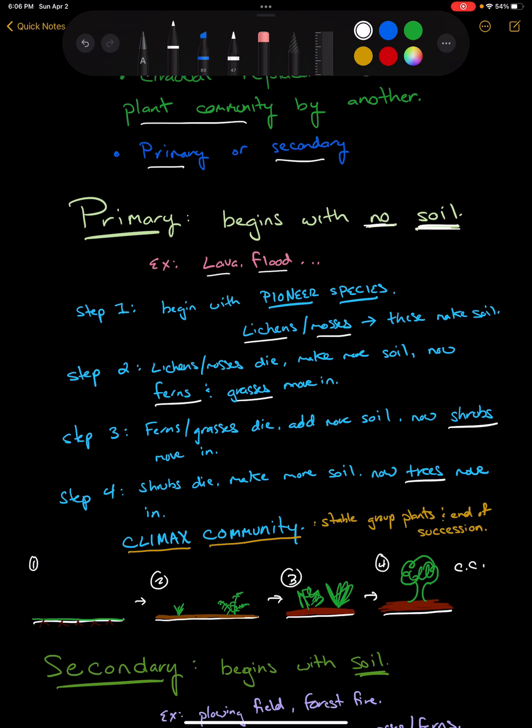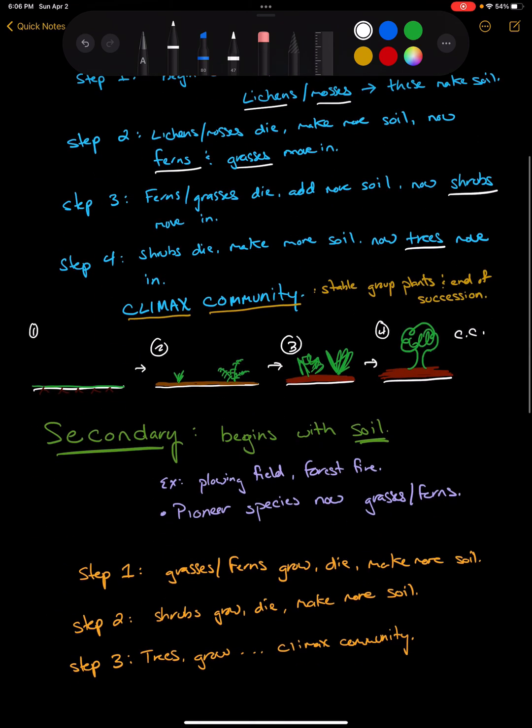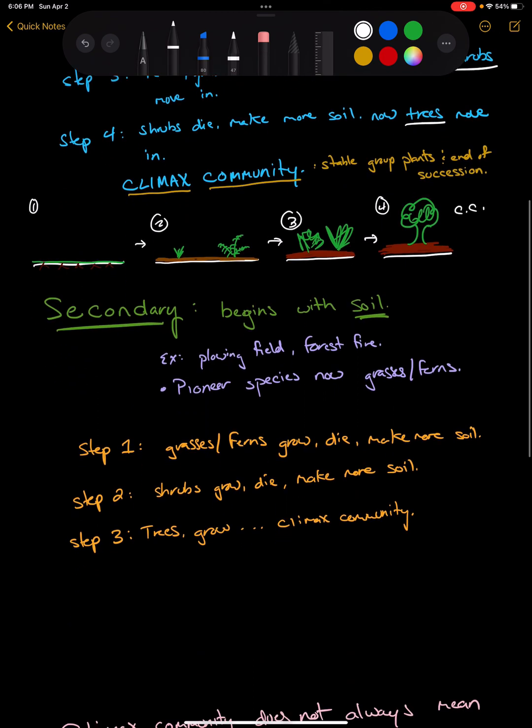That's a climax community. Or we can look at secondary succession. Secondary succession starts with soil, okay? It begins with soil. So I don't have to worry about breaking up bare rock. I already have soil in place. And now that I have soil in place, this would be like plowing a field, right? We all live here in Missouri.